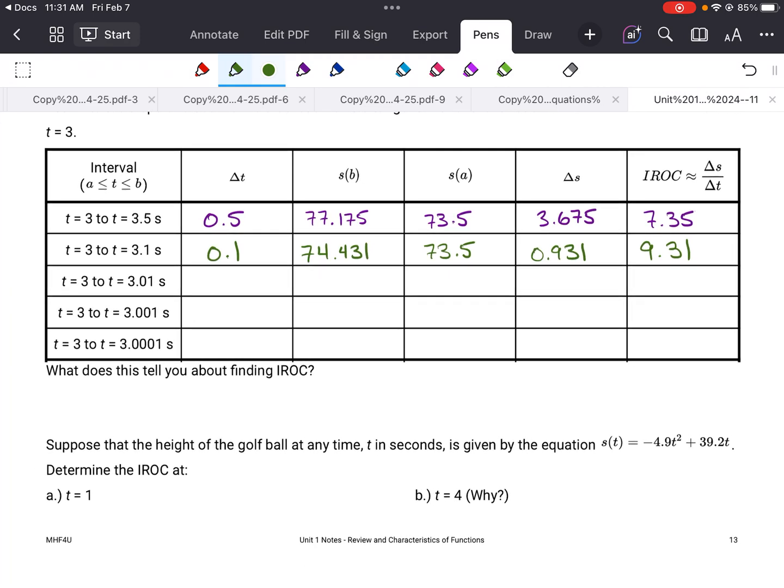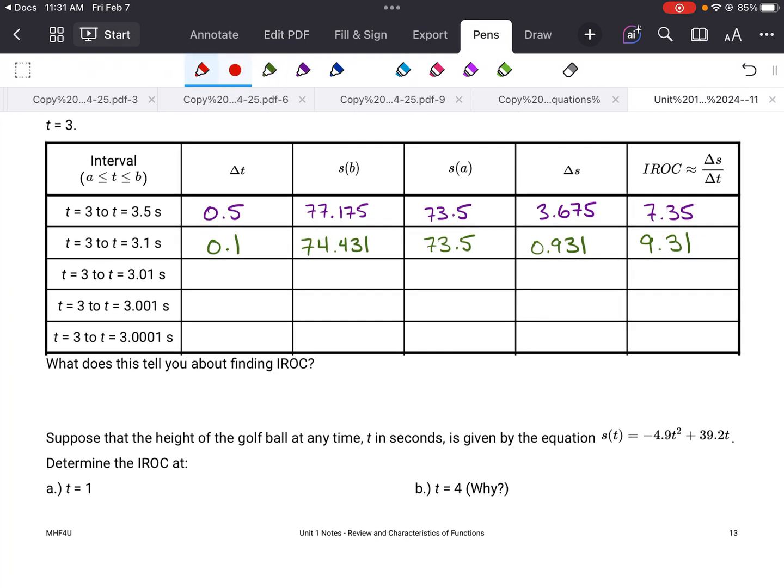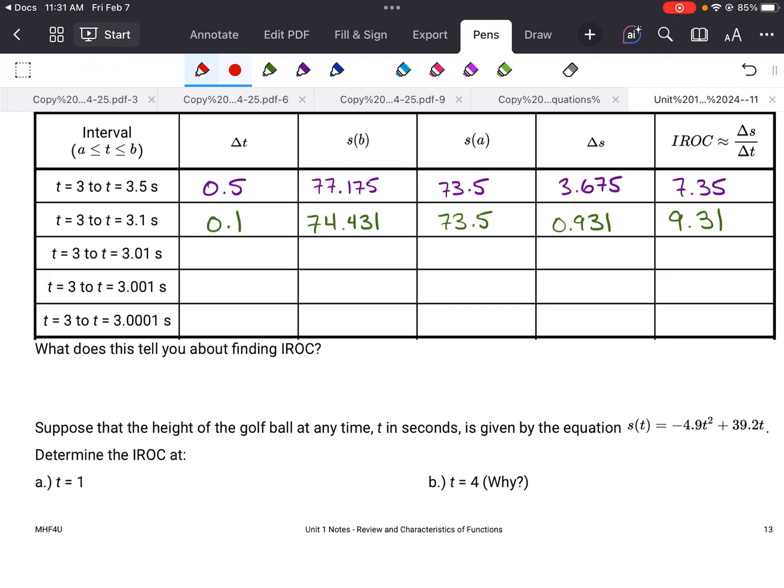Okay, if we decrease the h value, the part that we're adding to 3, even further, now we're doing 0.01. Plug that in, we get 73.6, to go with our original 73.5, and our numerator difference now is 0.1. And 0.1 divided by 0.01 is 10.